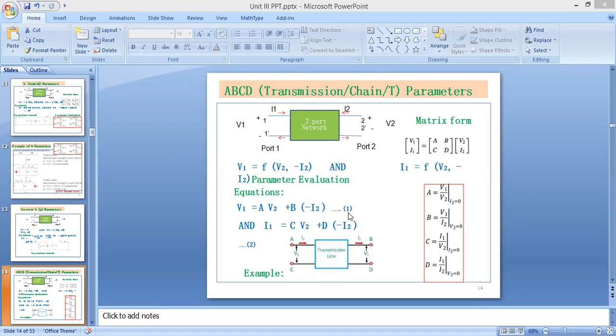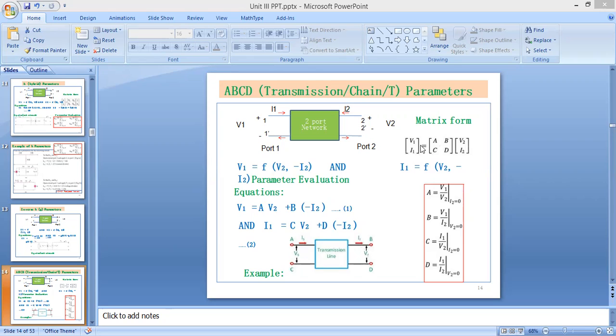So you will get these two equations. We can write these equations in the form of a matrix. We can call this network a transmission line network, or a chain network. The values of I1 and V1 depend on I2 and V2.